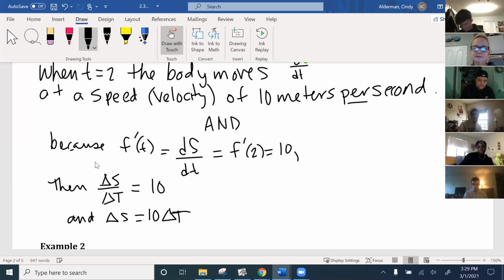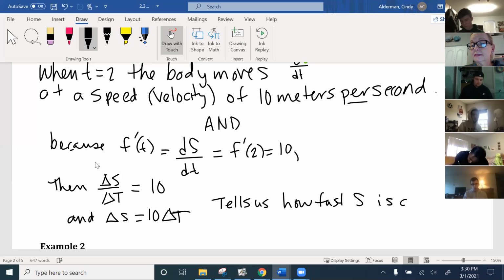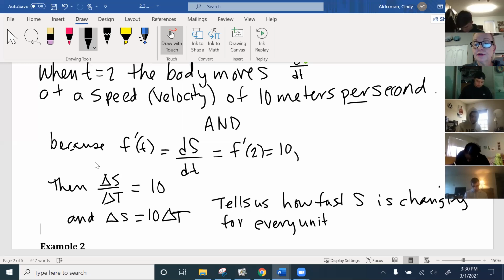So what this means, and this is pretty integral to the whole derivative idea, okay? It tells us how fast s is changing for every unit change of t. How fast s is changing for every unit change in t.